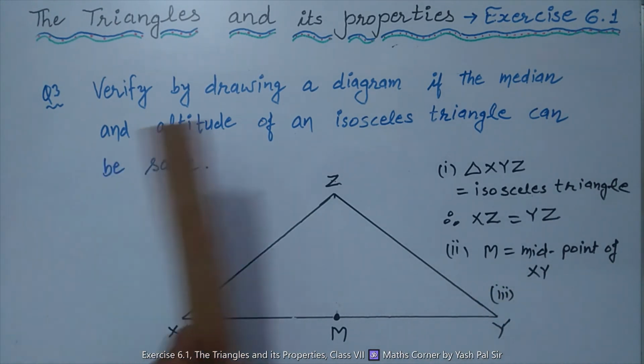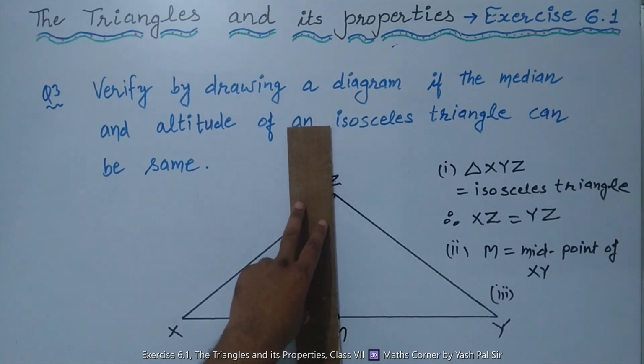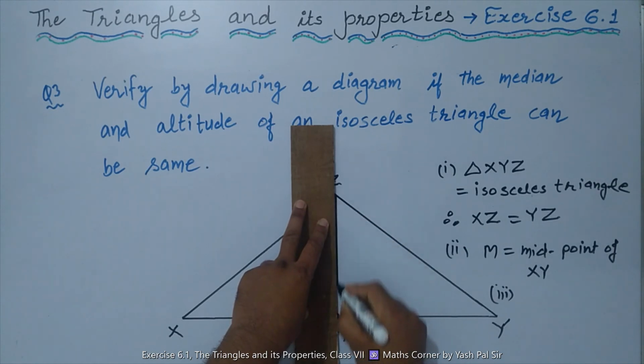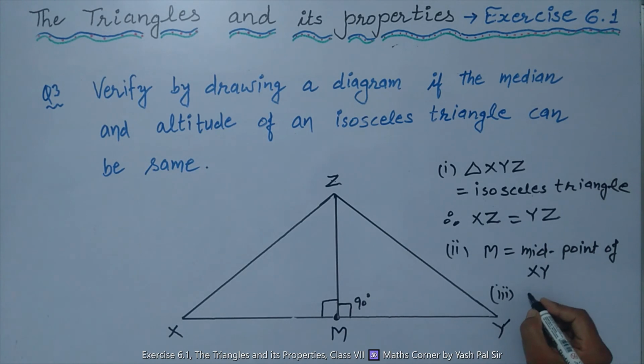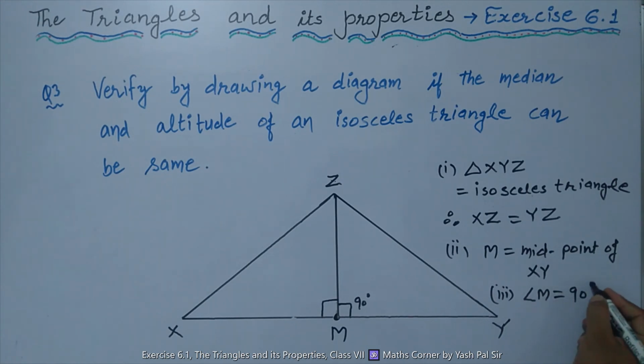now joining this way, this angle is 90 degrees, right? Angle M is equal to 90 degrees, right?